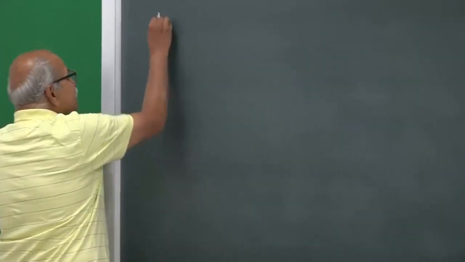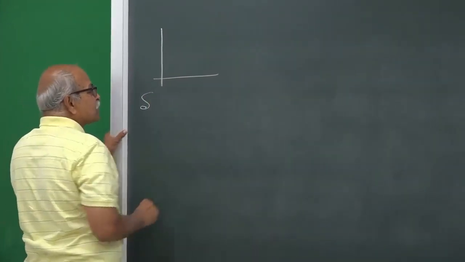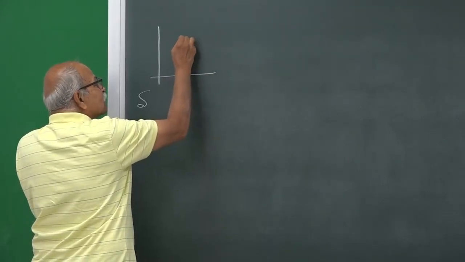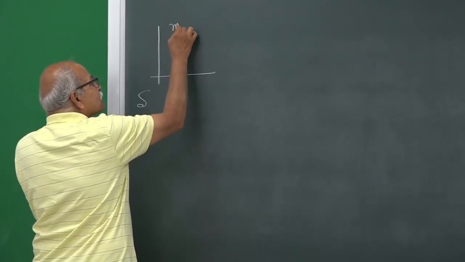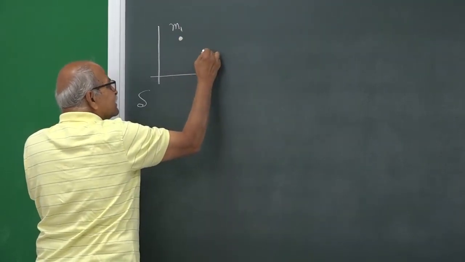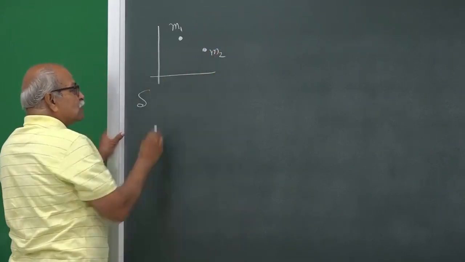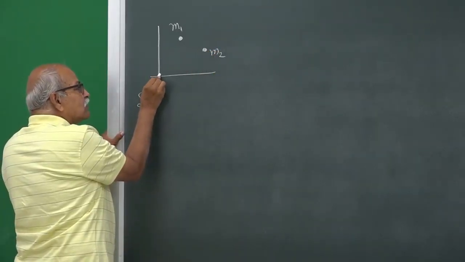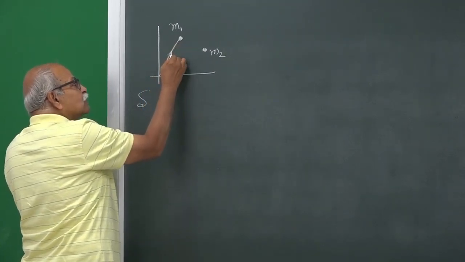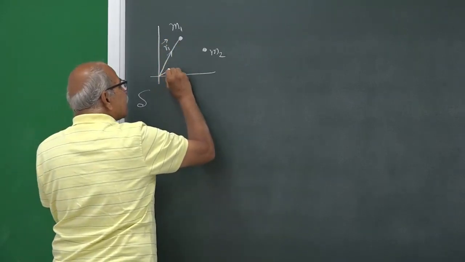So, suppose I have an inertial frame, this is our inertial frame S, and then I have some object here, let us say of mass m1, and another object somewhere, let us say at a certain instant, at some other position, mass m2, and I call this position vector r1 and this position vector r2.